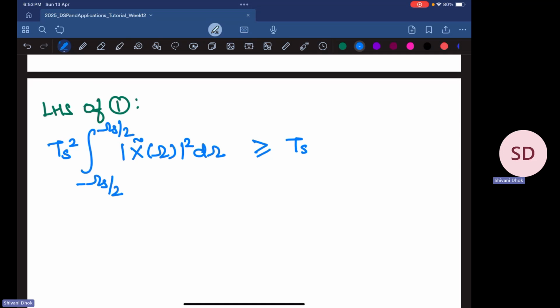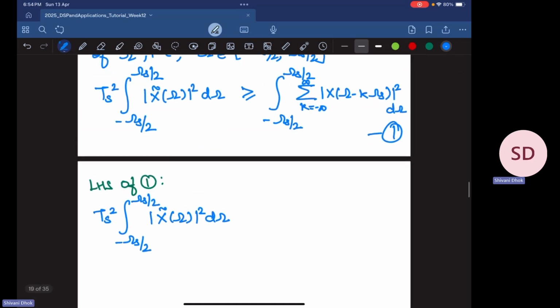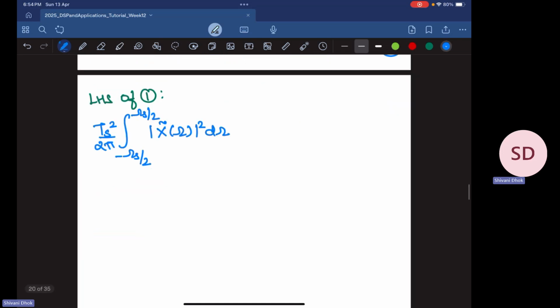Before that, I divide by 2 pi on both the sides, so I have a 2 pi here. Now we have this omega s as 2 pi times the sampling frequency fs, or rather 2 pi by Ts.